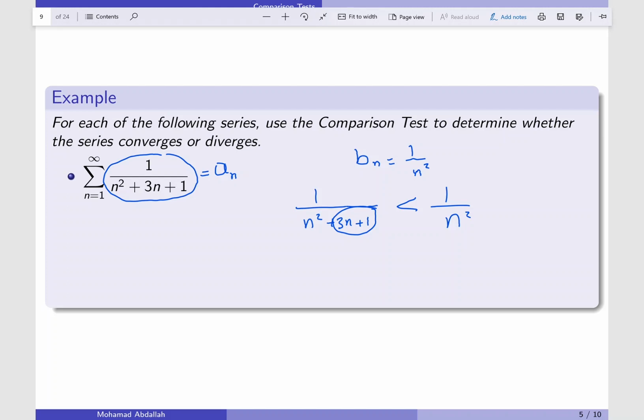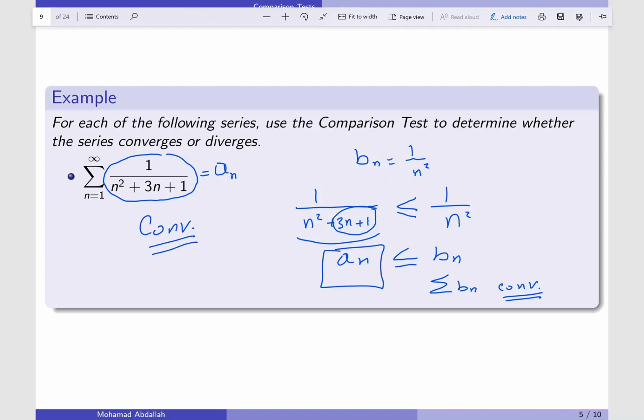So this is smaller than this. That means that an is smaller or equal to bn. But the sum of bn converges because it's a p-series. Do you see how useful the p-series are now? That's a p-series, I know it's convergent. So by the comparison test, I can conclude that the summation of an is convergent. Okay, very interesting.